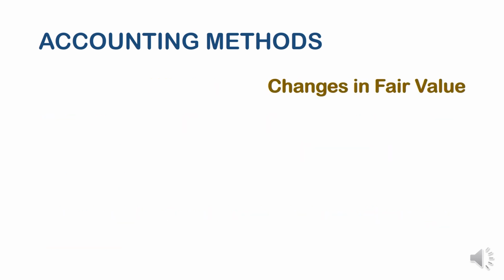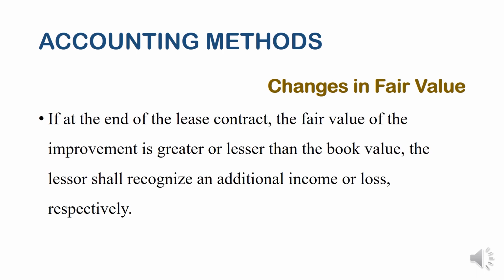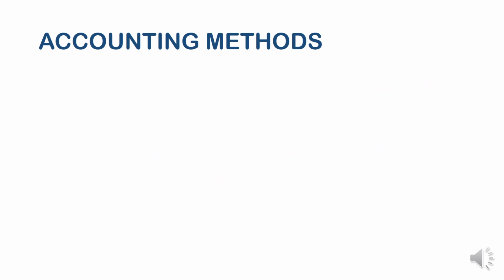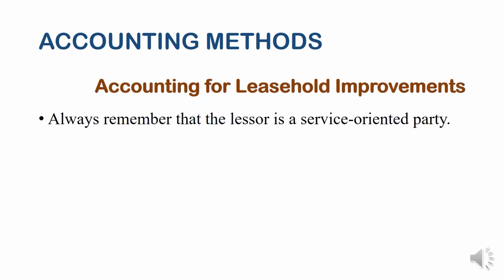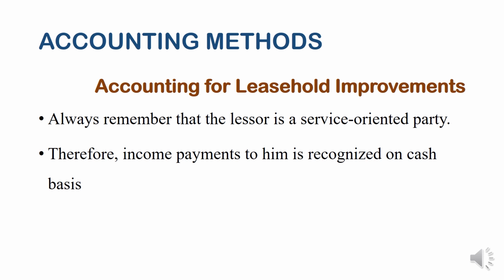How about the changes in the fair value of the property or improvement? If at the end of the lease contract the fair value of the improvement is greater or lesser than the book value, the lessor shall recognize an additional income or loss respectively. Always remember that the lessor is a service-oriented party, leasing certain properties.